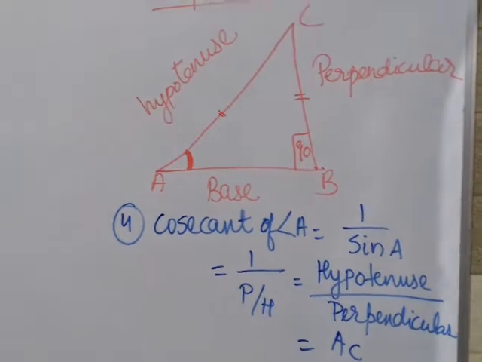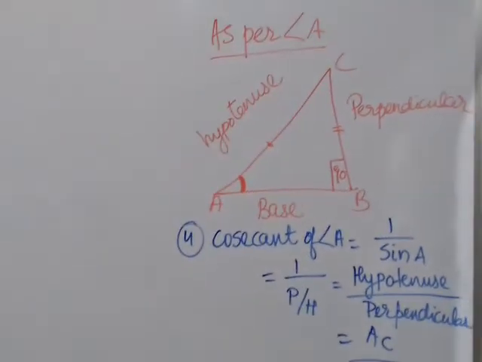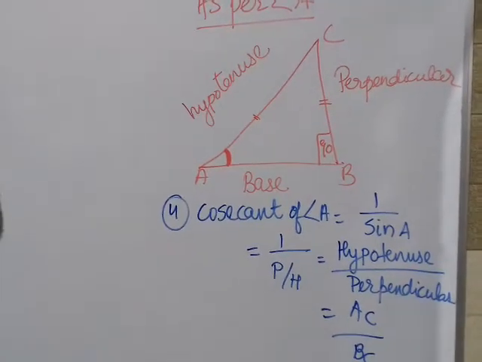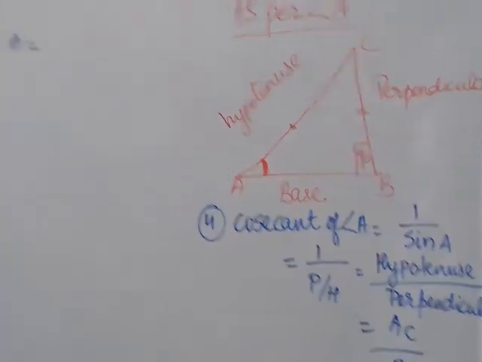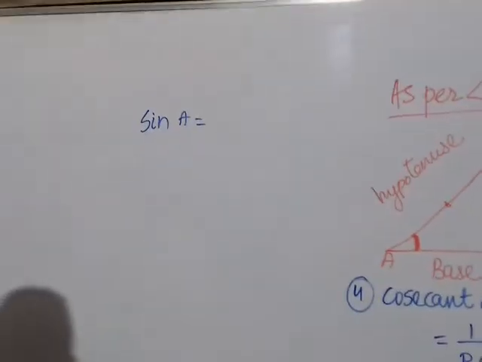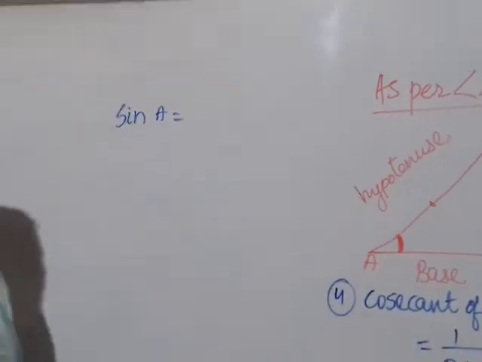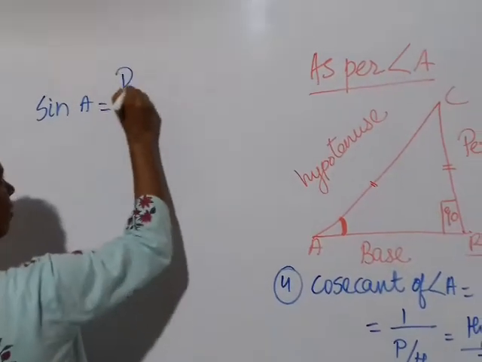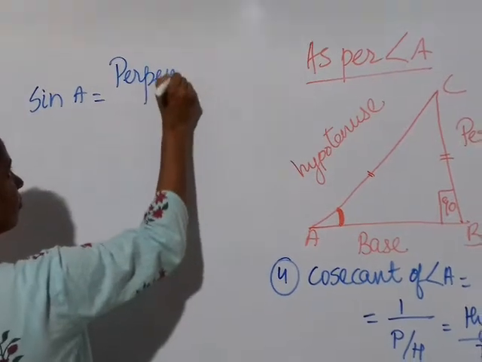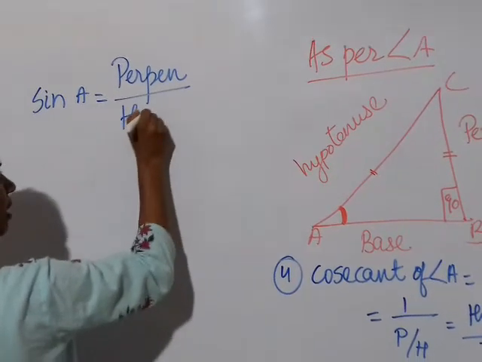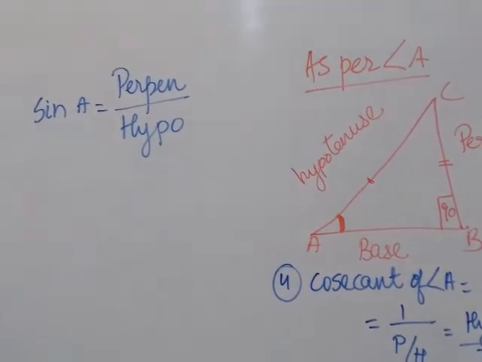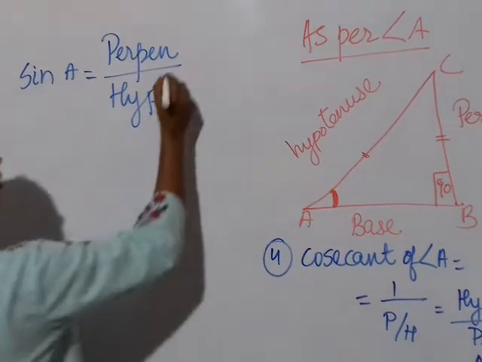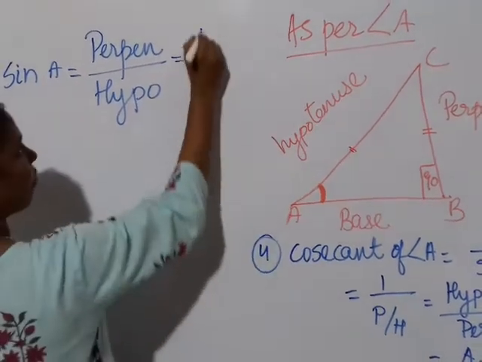So, first I am writing sine A. What is sine A? I told you. Sine A is perpendicular divided by hypo. I am writing the short form. Perpendicular by hypo is equal to, what is perpendicular?